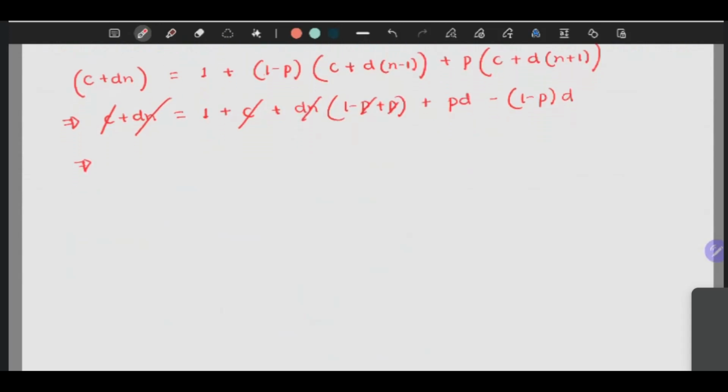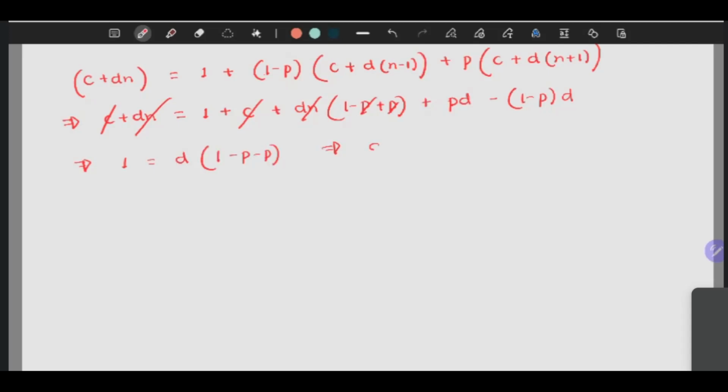Only thing that remains is pd and plus pd, so minus d. So that becomes 1 is equal to d times (1 minus p minus p).